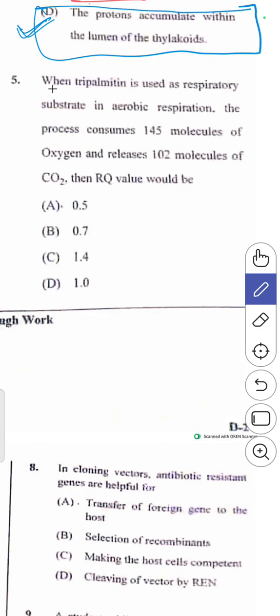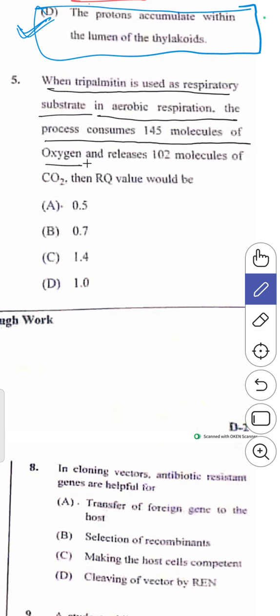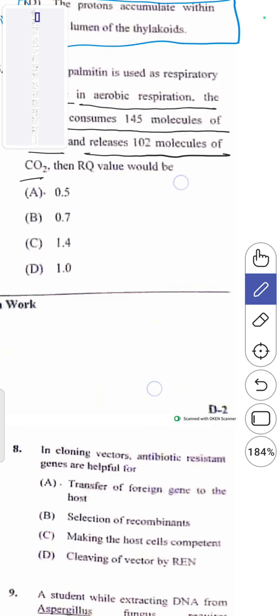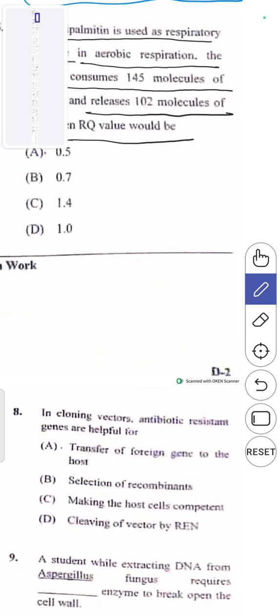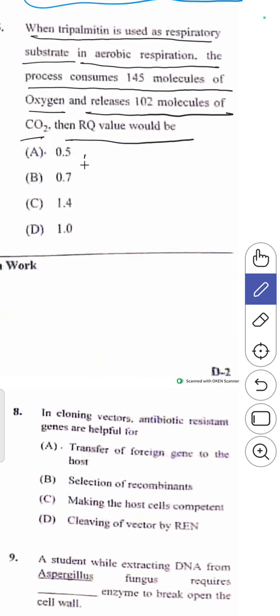Fifth question. When tripalmitin is used as respiratory substrate in aerobic respiration, the process consumes 145 molecules of oxygen and releases 102 molecules of CO2. Then the RQ value could be. So they are asking regarding the respiratory quotient, that is RQ.